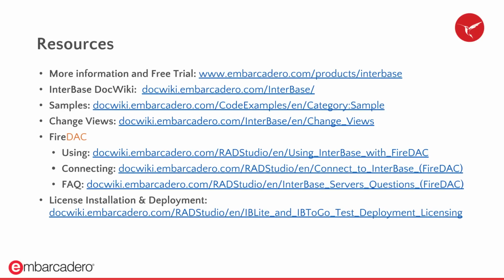The big thing to remember is that if your organization wants to distribute licenses to your customers, so you want to embed InterBase into an application and distribute it through, say, the Android Play Store or the iOS Store, then you have to come to us about a VAR agreement, which is essentially a value-added reseller agreement.